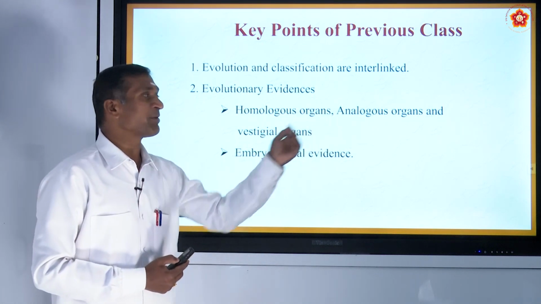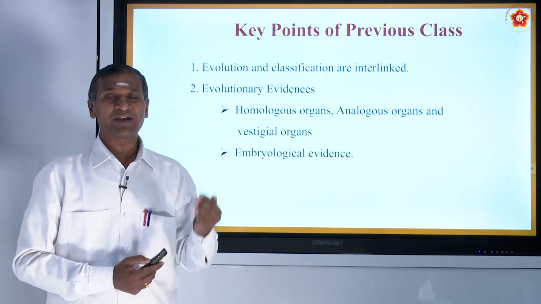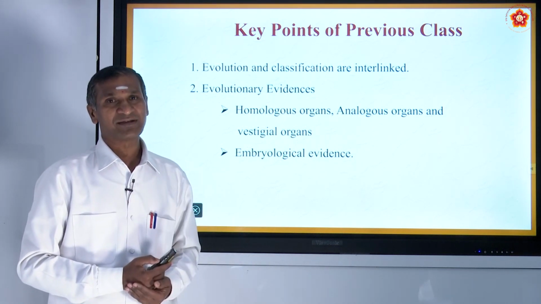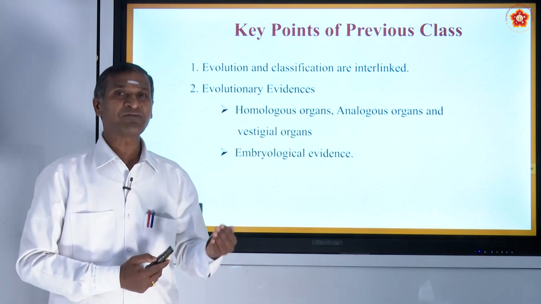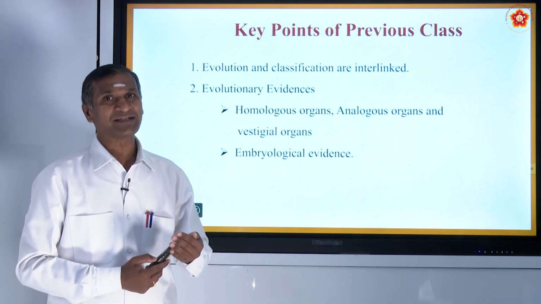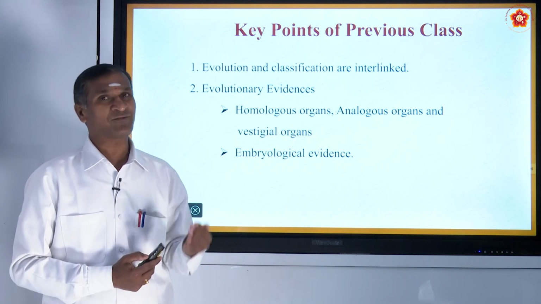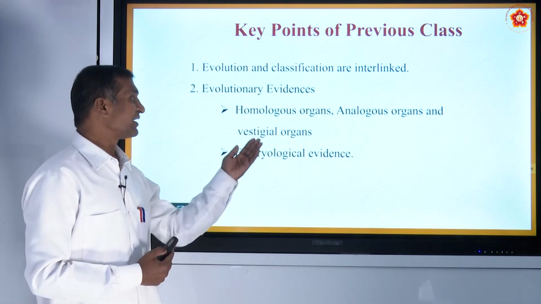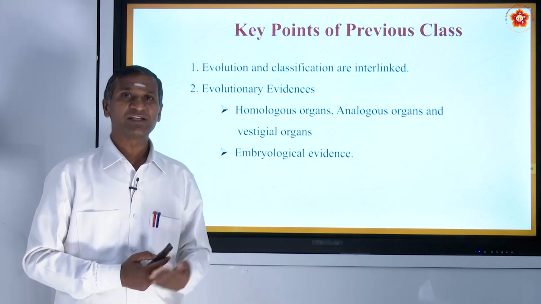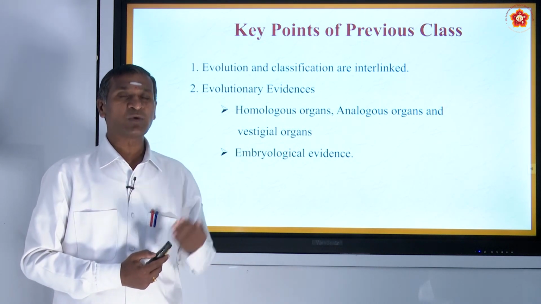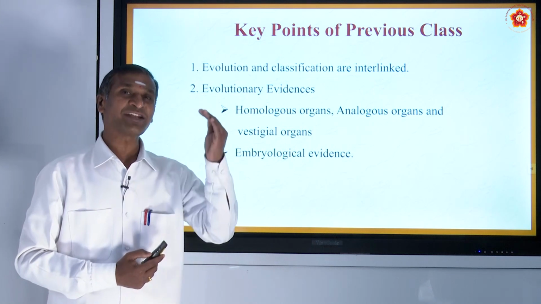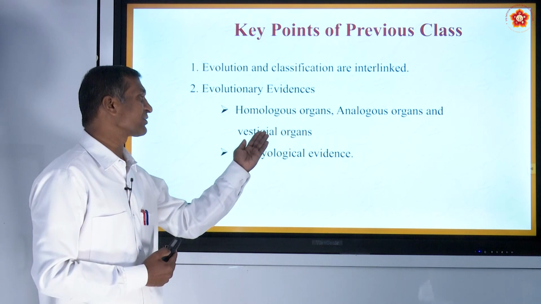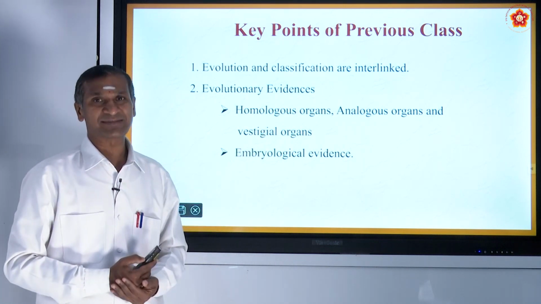Further, we continued with analogous organs, where the function is the same but the origin differs. The wing of a bird differs from the wing of a bat. No doubt both help in flying, but their origin differs. Then the vestigial organs, useless organs with no function, in reduced form, but they are present. Such organs are called vestigial organs.